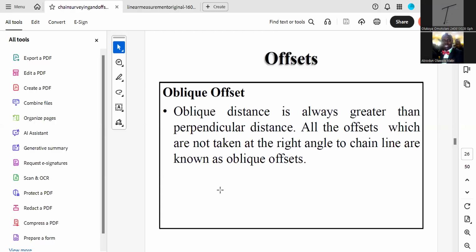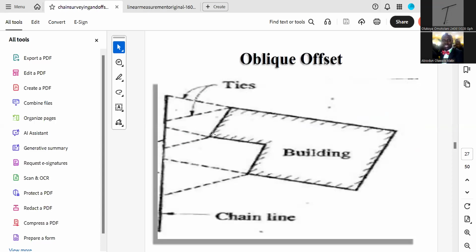All the offsets which are not taken at a right angle to the chain line are known as oblique offsets. Can you see the same diagram I showed earlier is now depicting oblique offsets? Can you see this line is tilted? It's not a straight line as the one we had before. So it's tilted, this also tilted. So these are the oblique offsets.